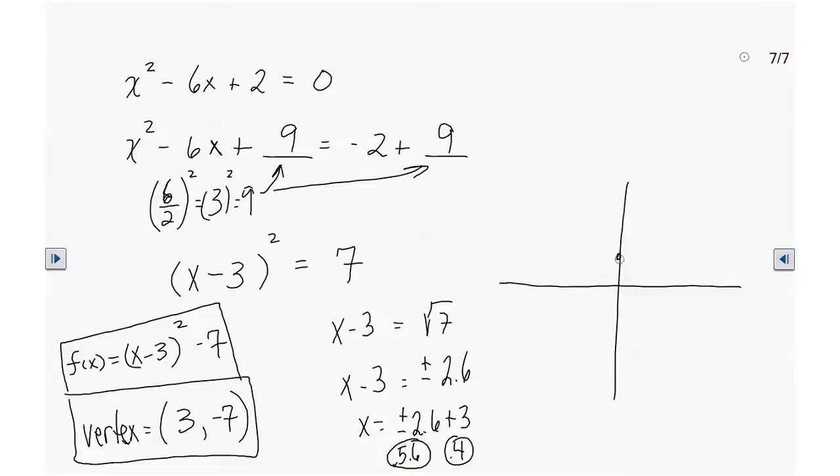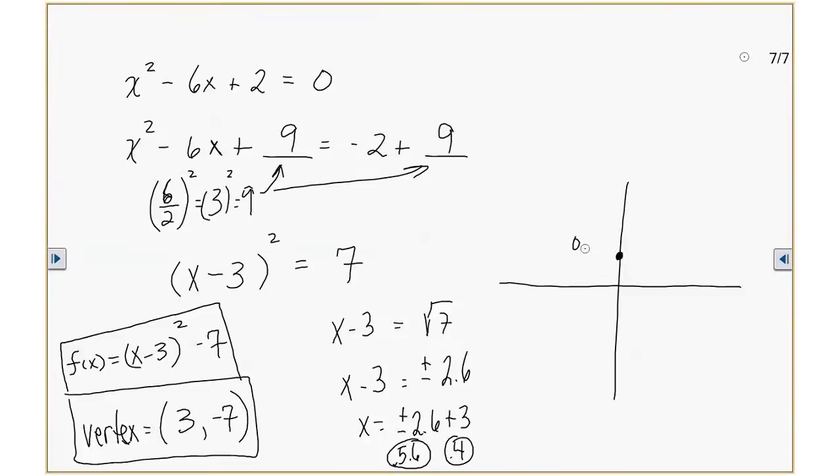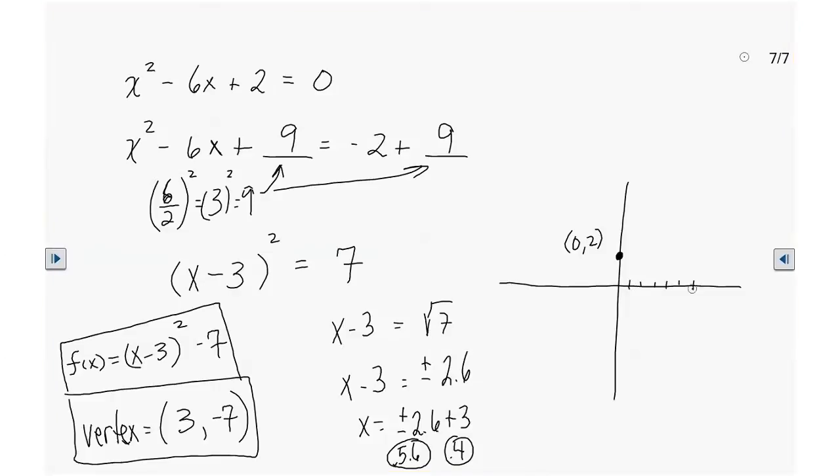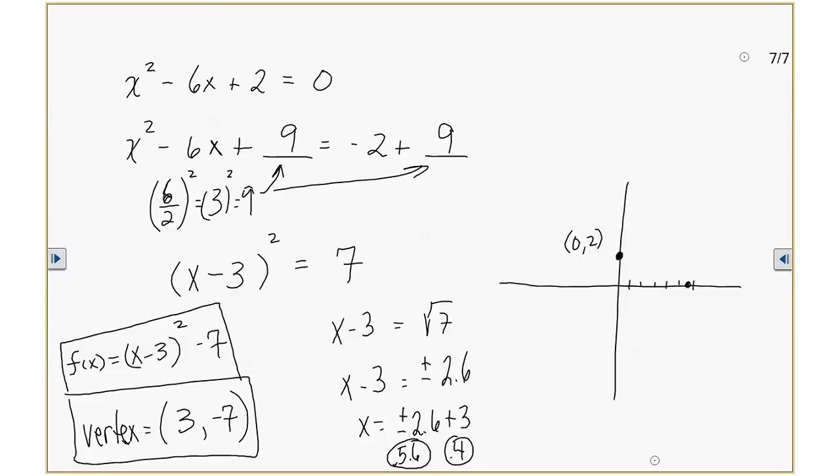There's our y-intercept, 0, 2. And our x-intercepts are 5.6 and 0.4. And our vertex is 3, 7.